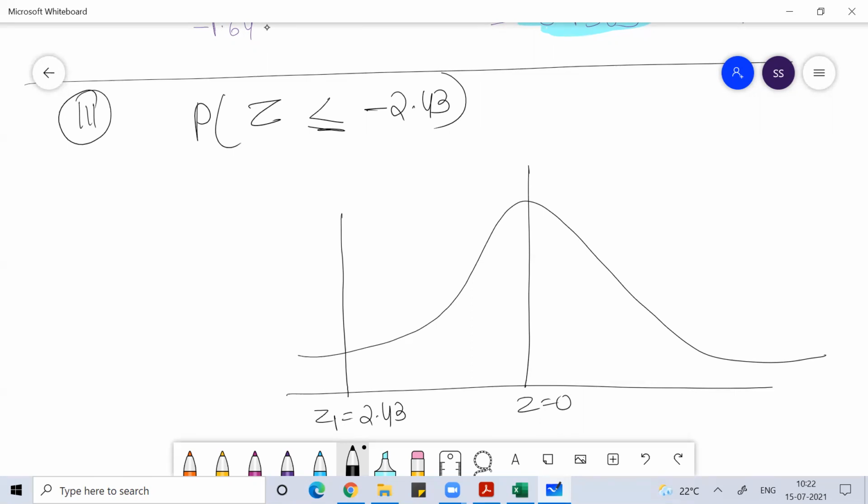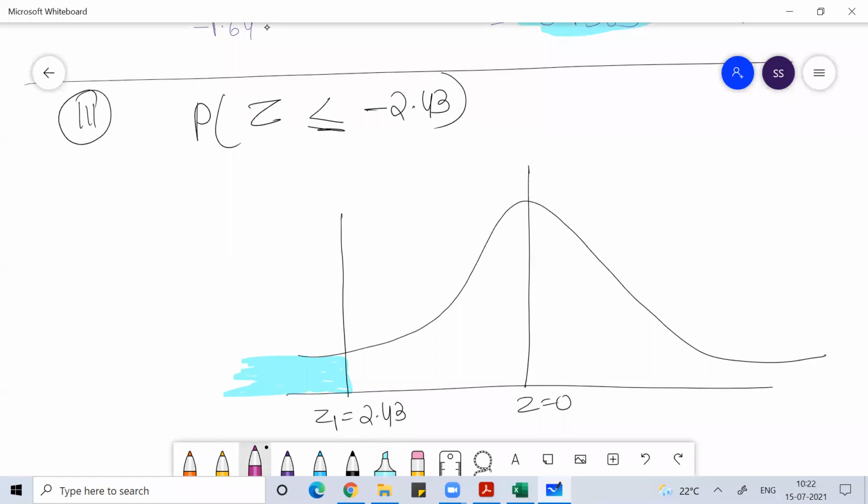So here I'm looking for the values lesser than 2.43. All the values which are less than 2.43; greater than 2.43 will be on the right-hand side. This is the area I'm looking for.